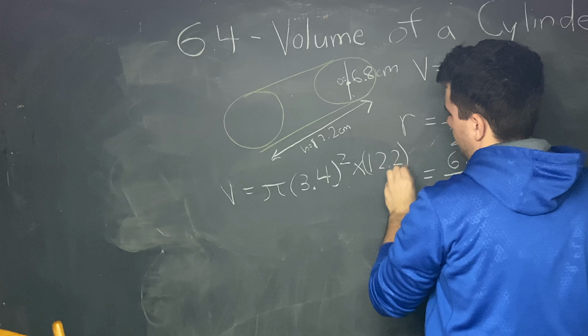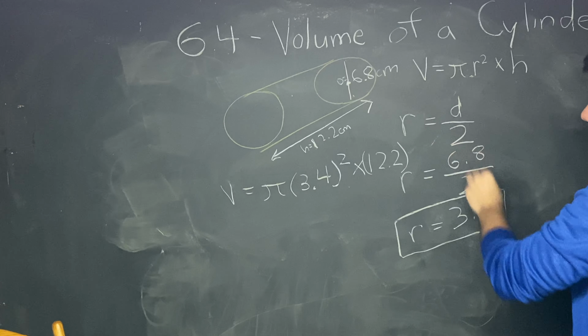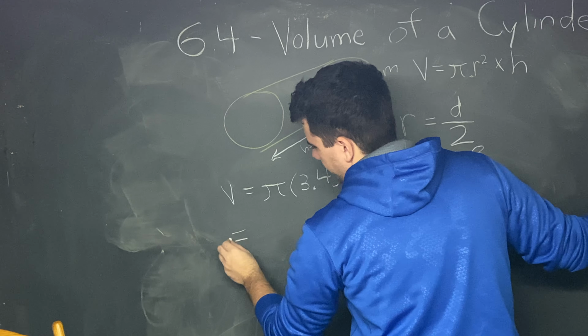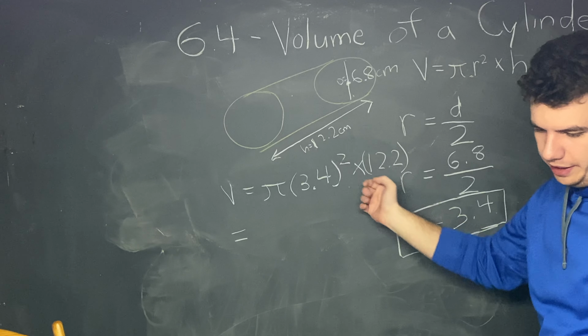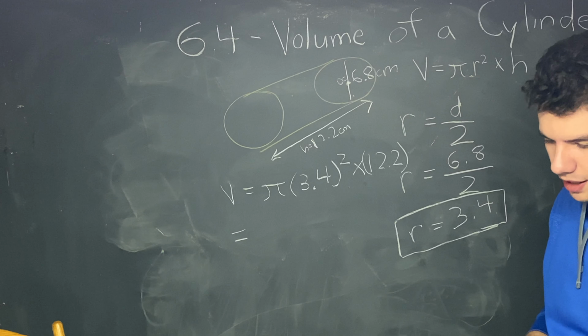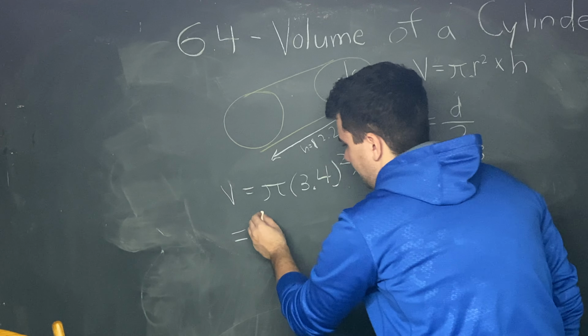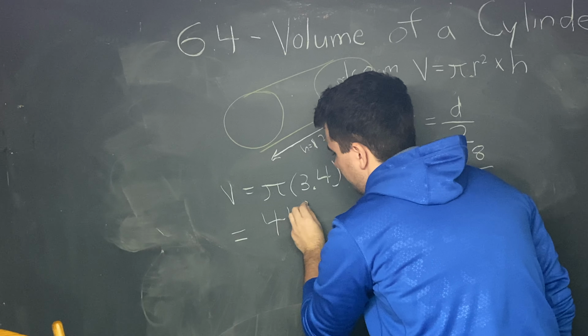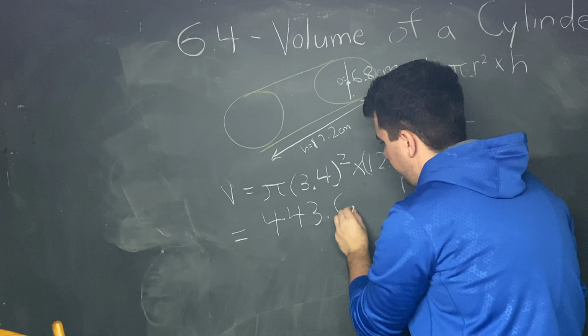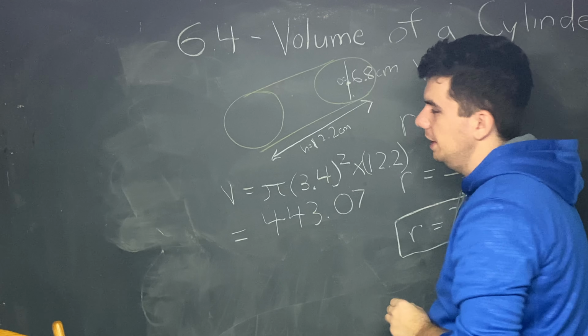And I'm just going to put that in brackets just because it's starting to flow into the other formula. Now, if we were to calculate this, we're going to punch this whole number into our calculators. So if I punch that whole thing into my calculator, I would know that the answer is going to be 443.7.